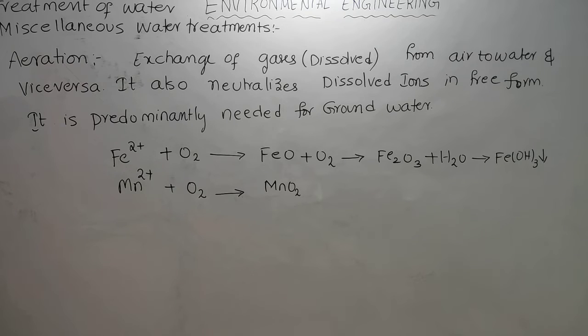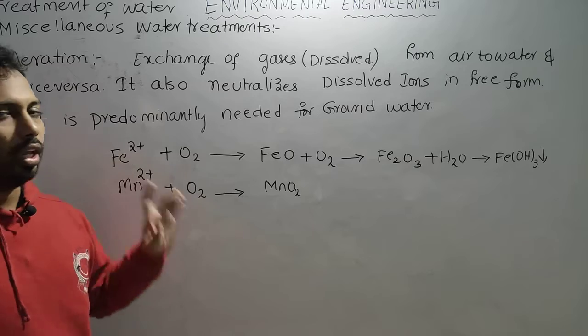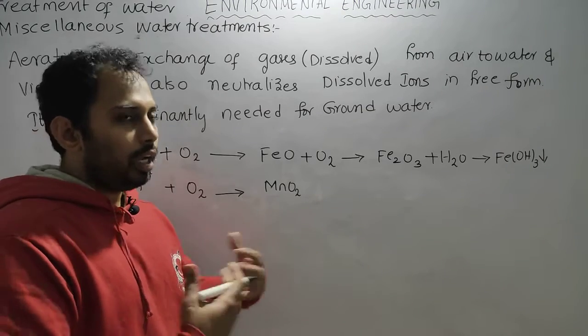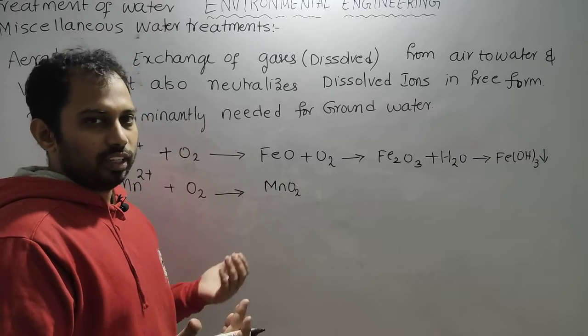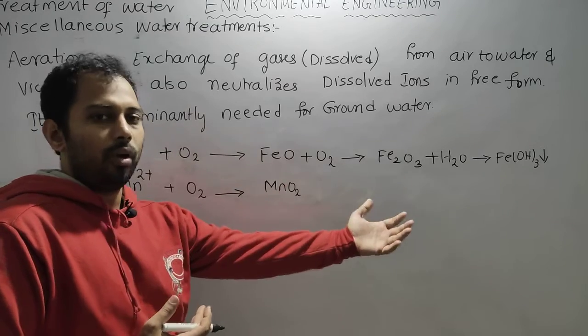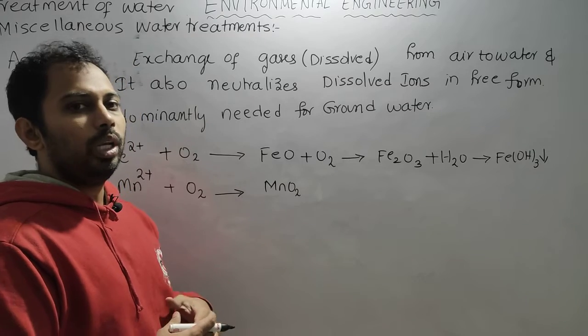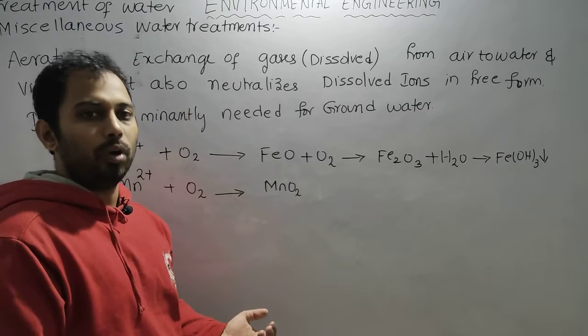So the process of aeration is performed by exposing water to the atmosphere. Whatever the process of aeration we do, we want more interaction of the environment with the water. To have more interaction, we need to increase the surface area of the water.